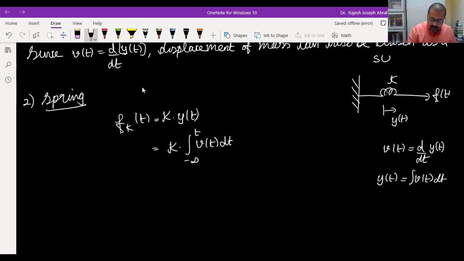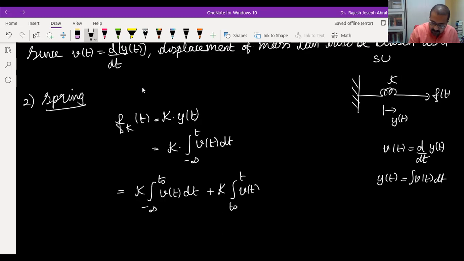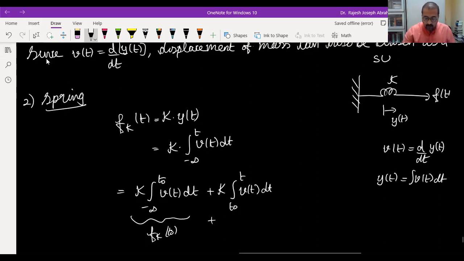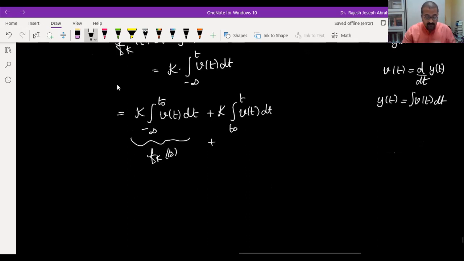Now this again can be split into 2: K into integral minus infinity to t naught v t dt plus K into integral t naught to t v dt. What is this? This is the restoring force at t equal to t naught, the initial condition you can say, and this is the force at the other instant. So spring force can also be chosen as a state variable.